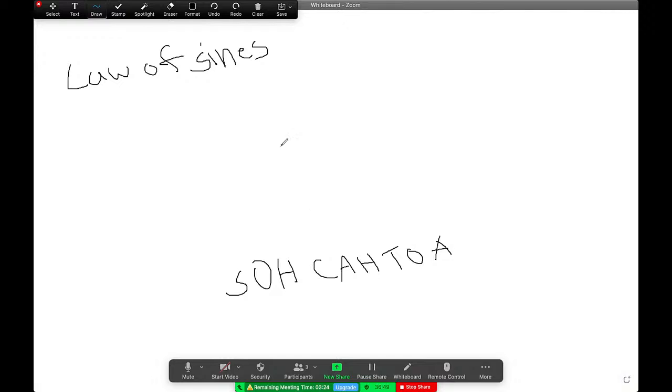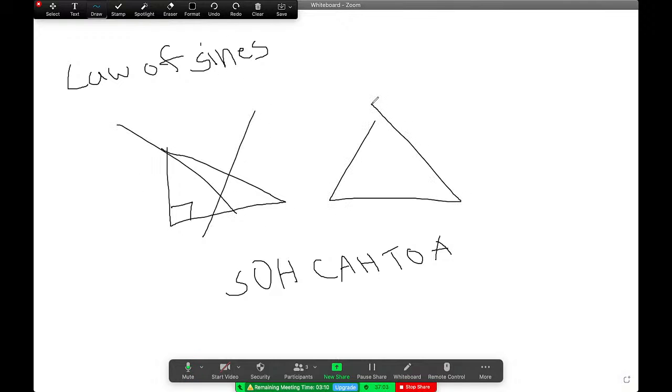Yeah, good job. So basically the law of sines. Instead of only working for right triangles, where this angle has to be 90 or something, this law of sines works for every single triangle on the planet. So yeah, it's pretty important.